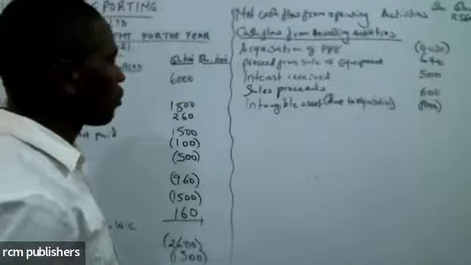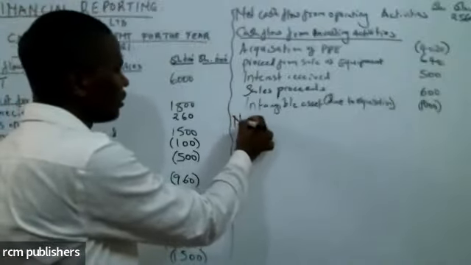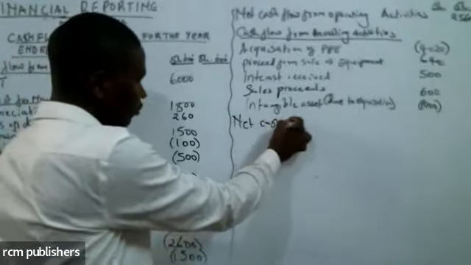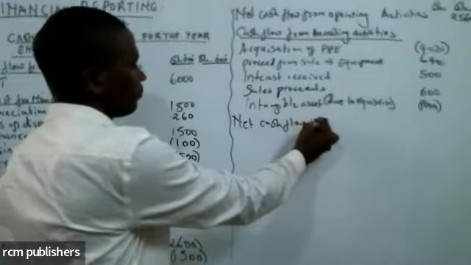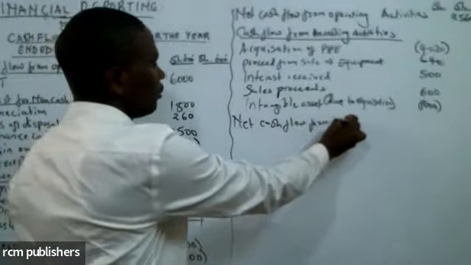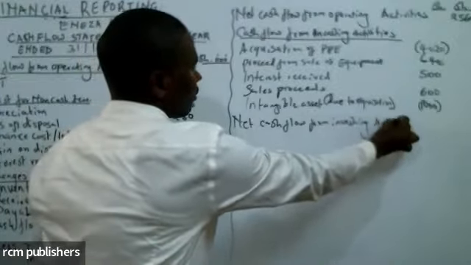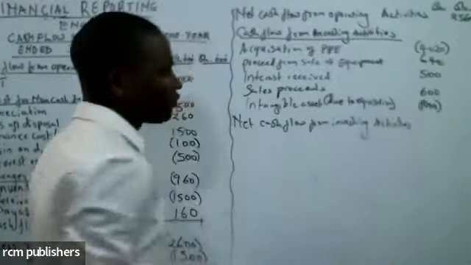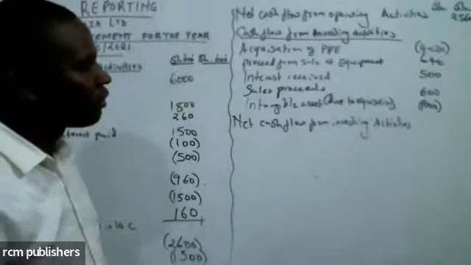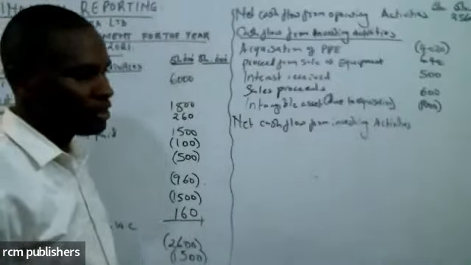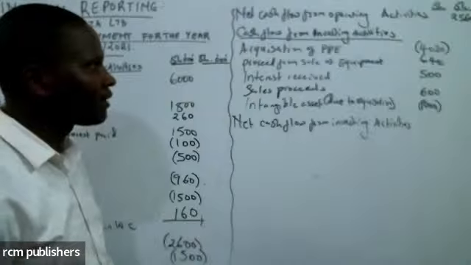Now, can you give me the total net cash flow from investing activity? First, give me that. Net cash flow from investing activities. How much will it be? Just compute that. And then we move to the financing activity.